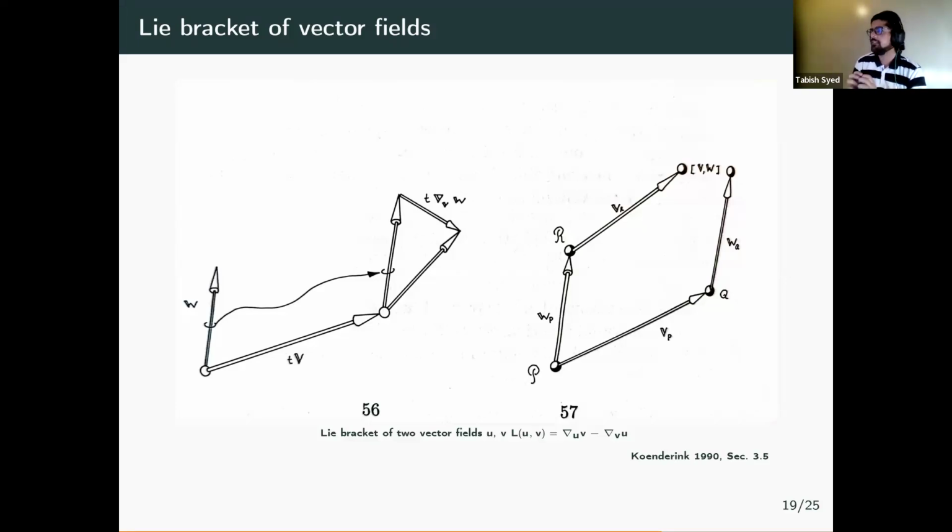Right? So if you look at the picture on the right, if you start at P and then move along two different directions, you would end up in two different points because the fields change in space. And the difference between the two is a vector, and that vector is called the Lie bracket of the vector fields.